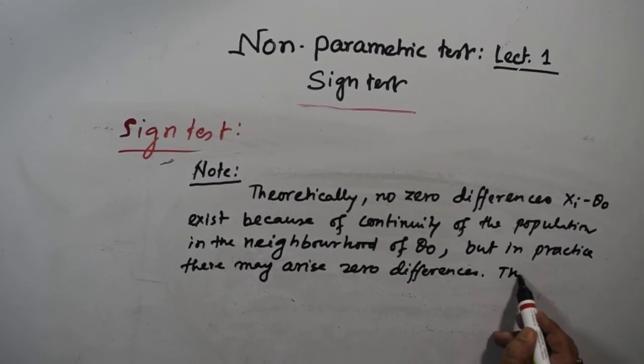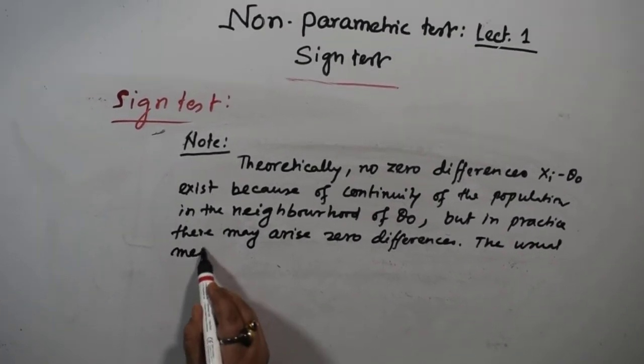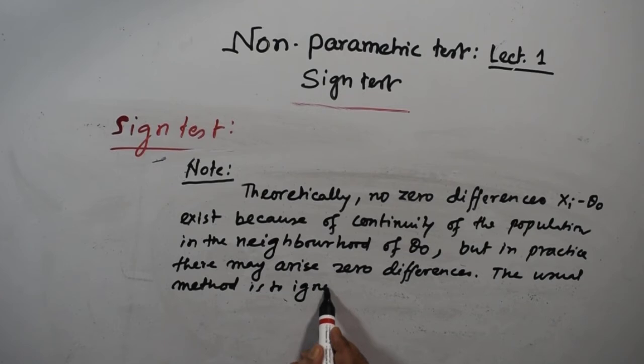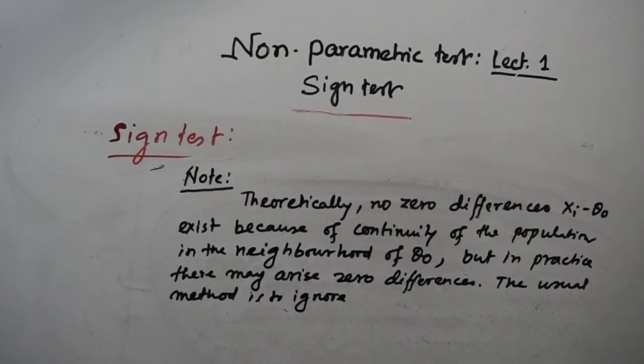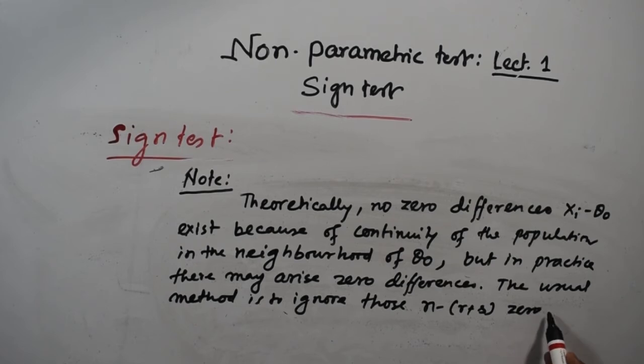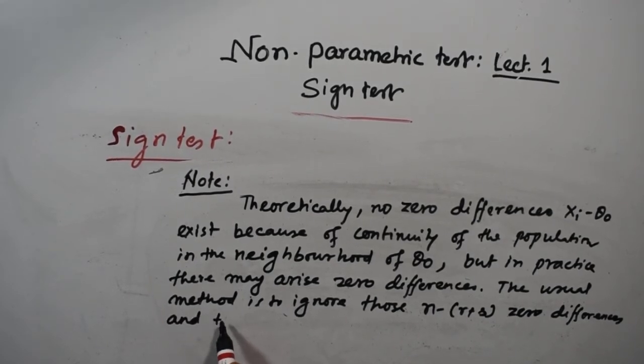The usual method is to ignore those n minus (r plus s) zero differences and to take r plus s as the sample size.